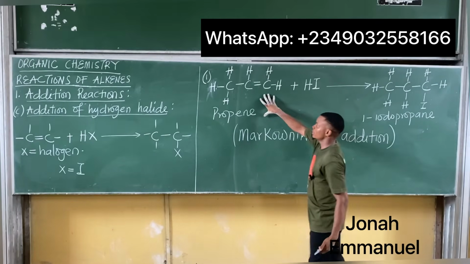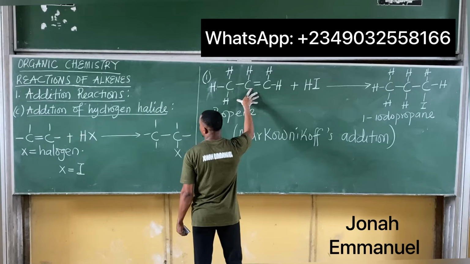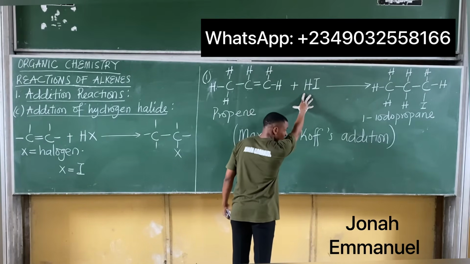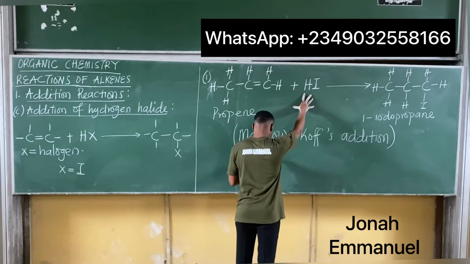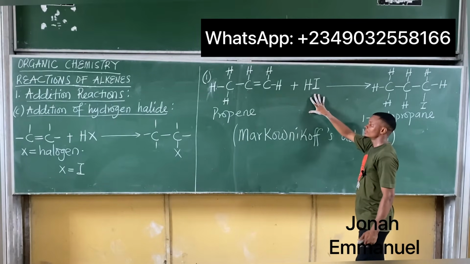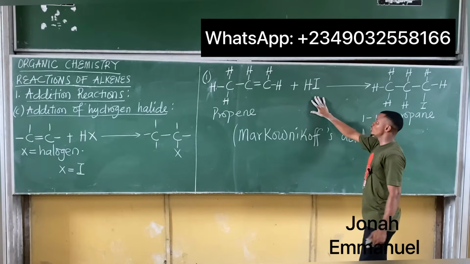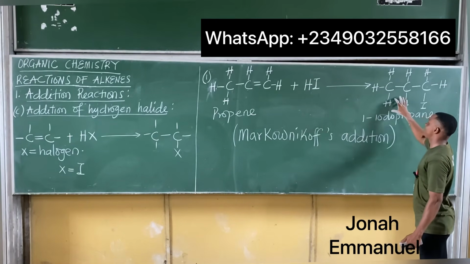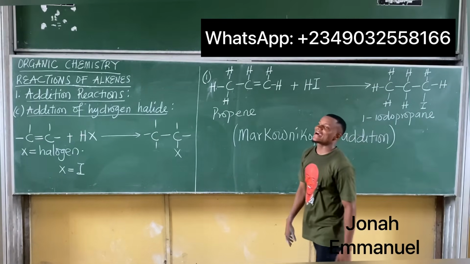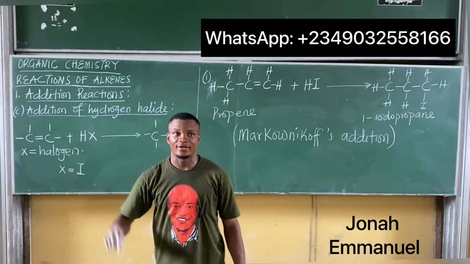Markovnikov's addition involves the reaction of an alkene with a hydrogen halide to produce an alkyl halide, in brackets haloalkane.